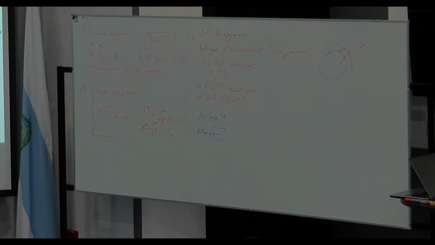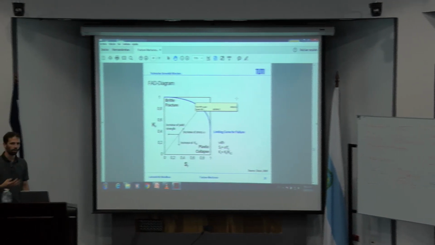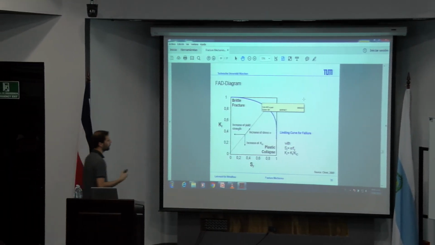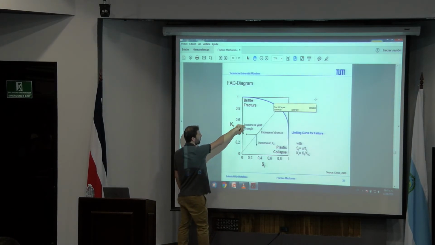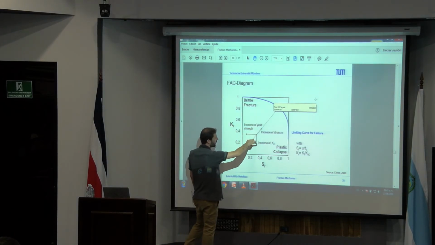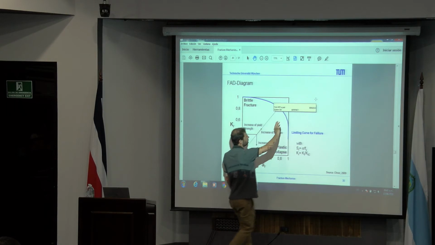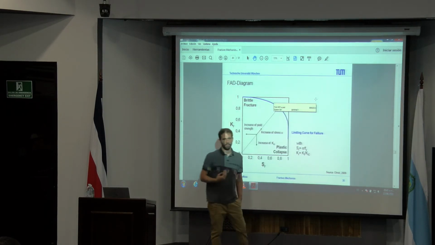But as you can see, if the KR, which is defined as K1 over K1C, is lower than 1, you're on the safe side. If you're above the curve, you're on the unsafe side.